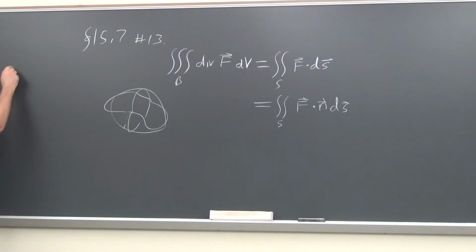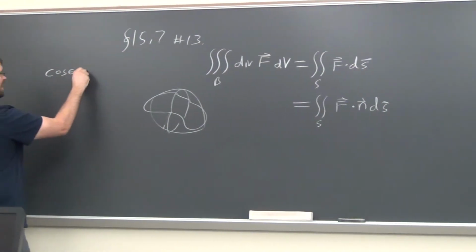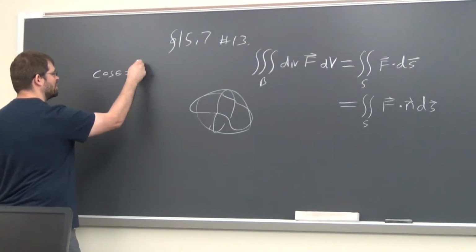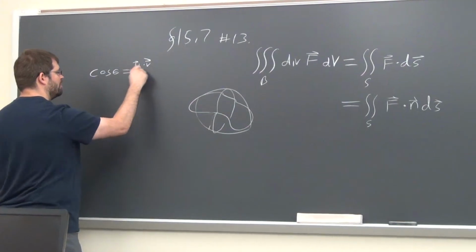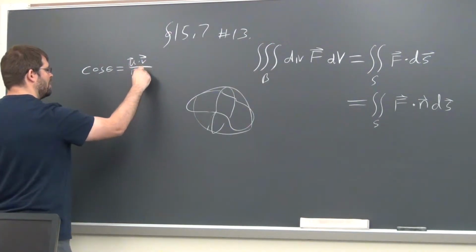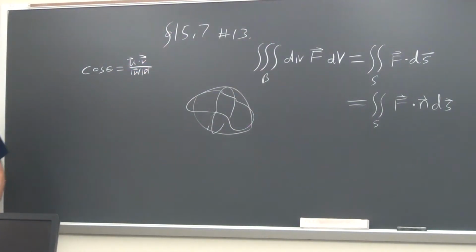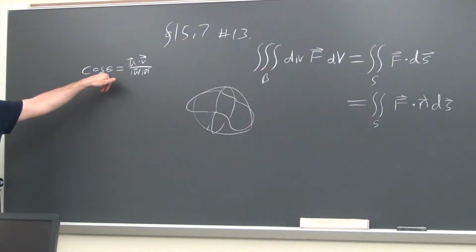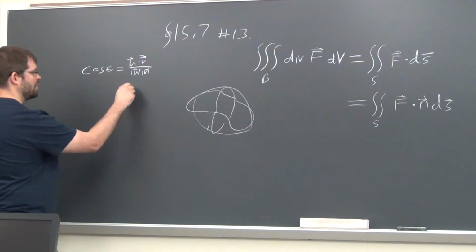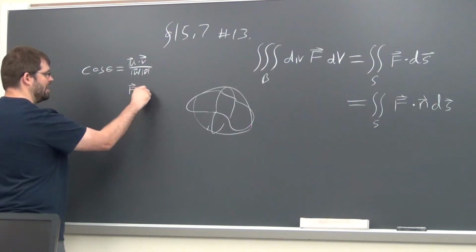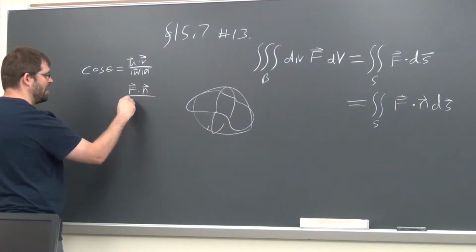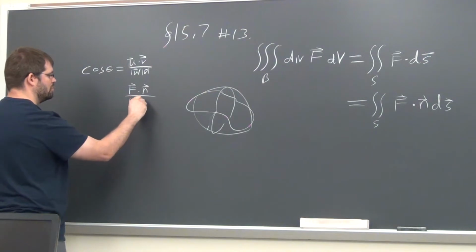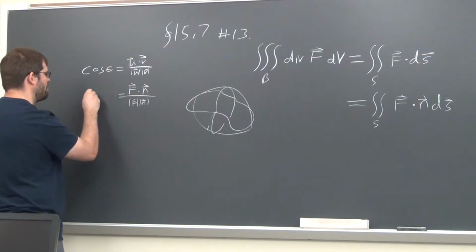Remember your formula: the cosine of the angle between two vectors is u dot v over the magnitude of u times the magnitude of v. Now you know the angle is pi over 3, so what's the magnitude of F? What's the magnitude of N?